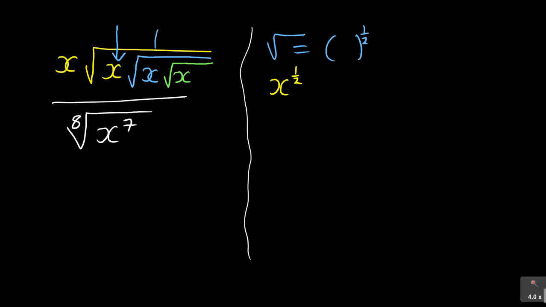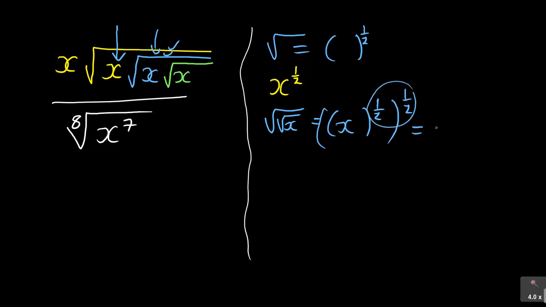The x in blue has two square roots, so it's a bracket with x inside to the power half, and another bracket to the power half. So when you do that, remember these two are multiplying: x to the power 1 over 2 times 1 over 2, which is x to the power 1 over 4.